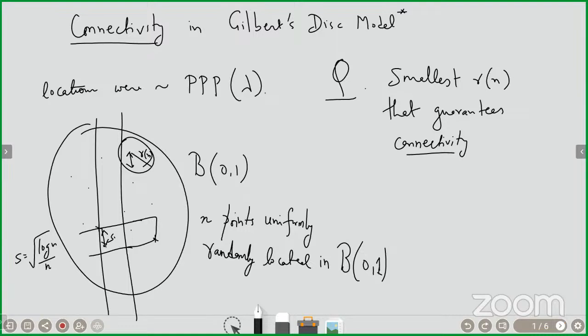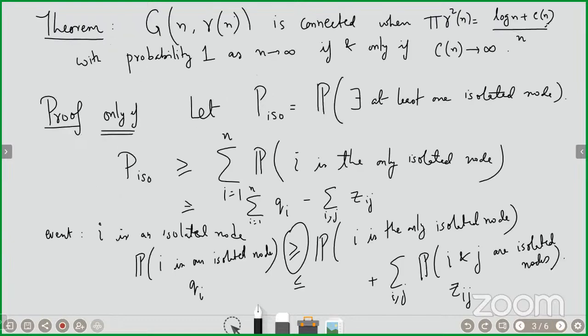If the radio range is roughly square root of order log n by n, it should be sufficient. All this is to make sure that all the epsilons and deltas are counted. Essentially, that's what the theorem is telling. It is square root of log n by n, but with a small fudge factor, a little bit extra. That's all it needs. If this is zero, it doesn't work. That's the point.